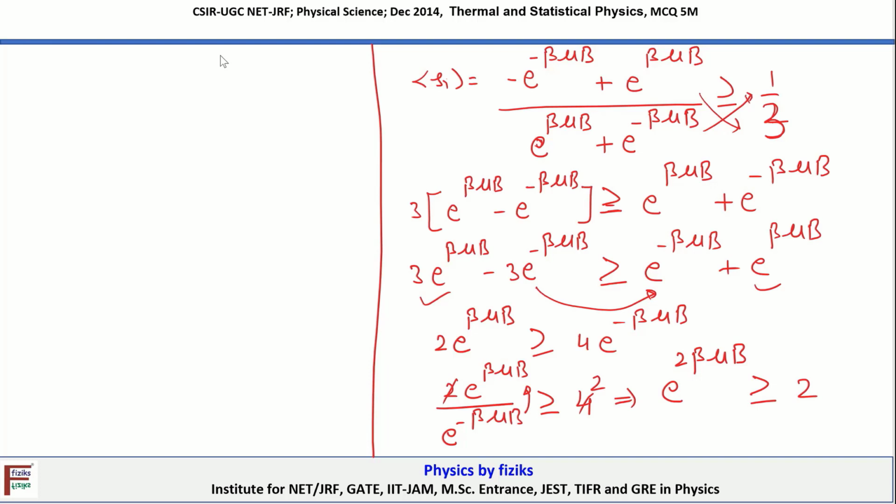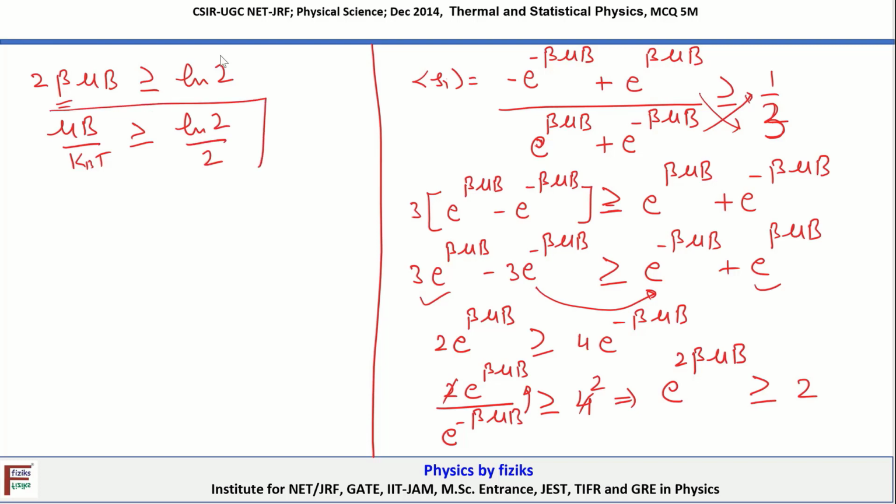This implies that 2 beta mu b is greater than or equal to ln2. Therefore mu b upon kT, replacing beta with 1 over kT, is greater than or equal to ln2 divided by 2. So that is the final answer.